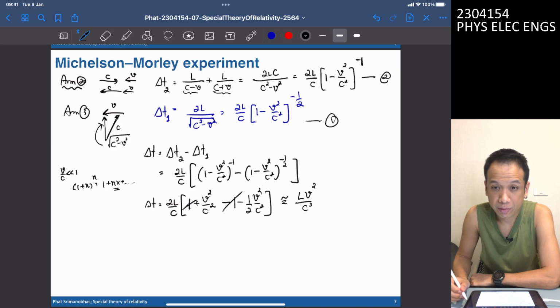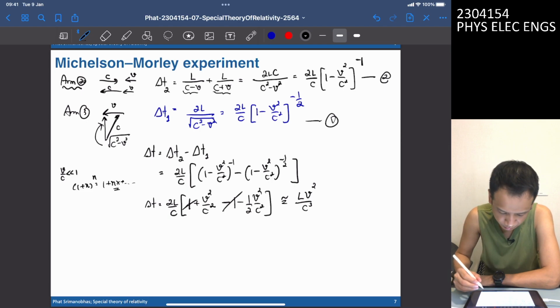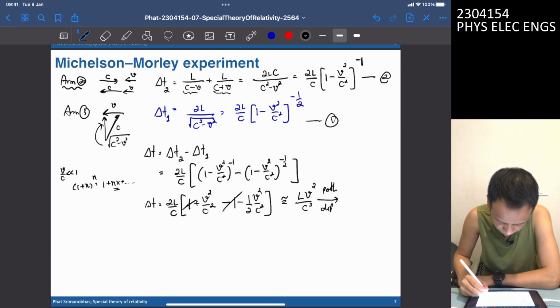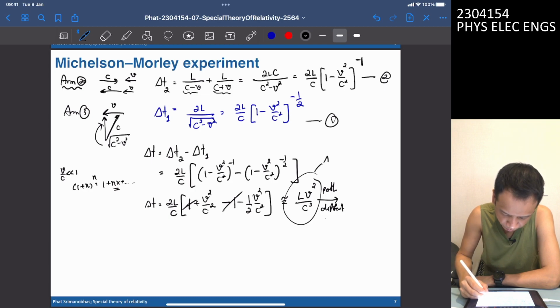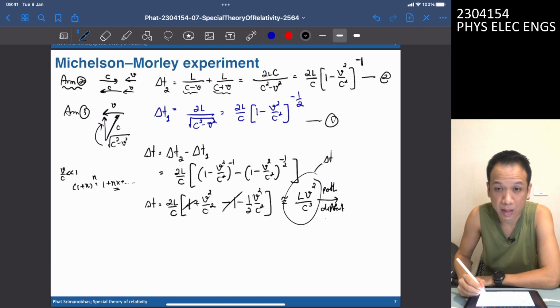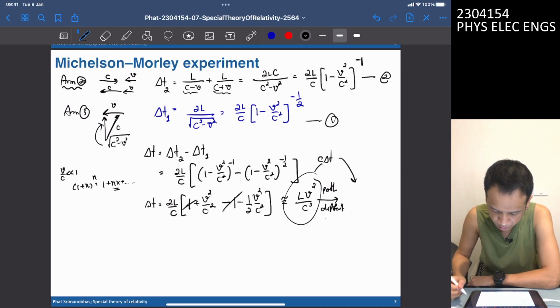So this is the time difference. If we would like to convert this to the path difference, this is time, right? So to make the path, you need to multiply by c. So finally, you get the path difference is L v square over c square.